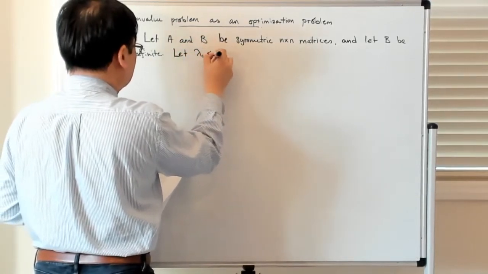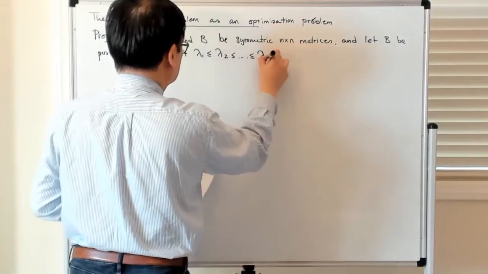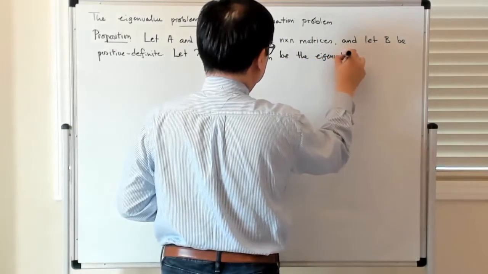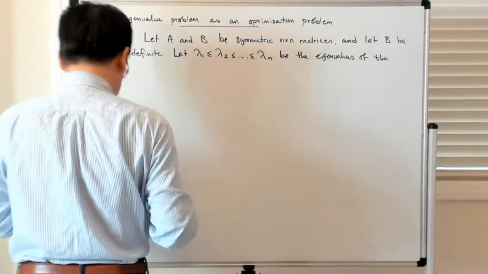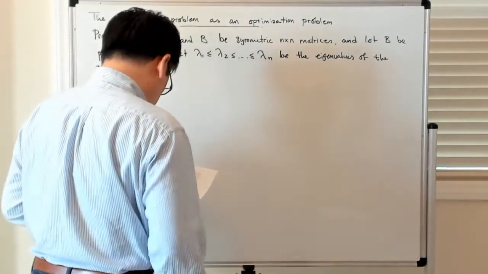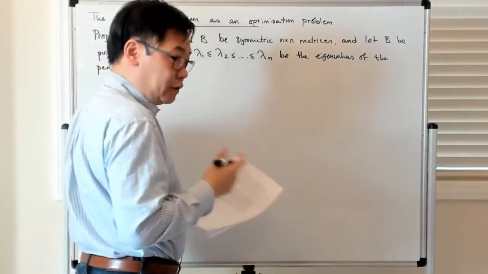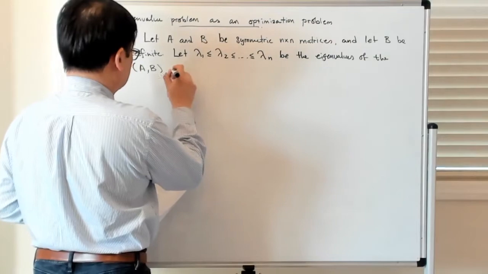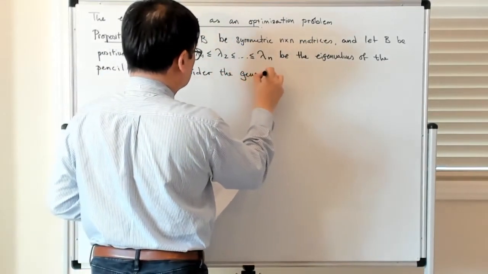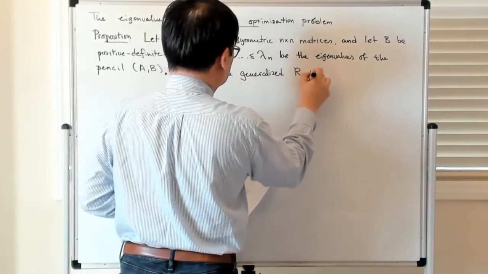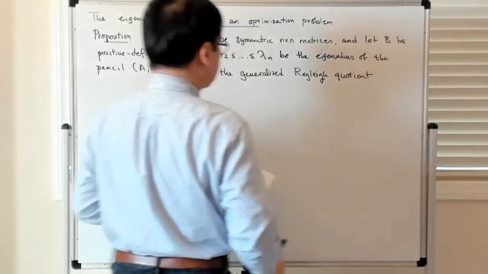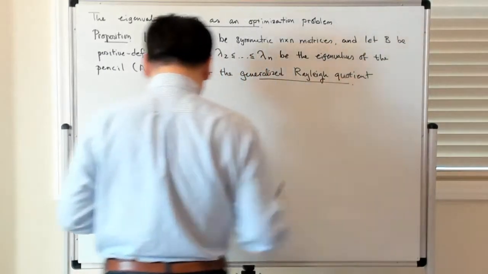So let lambda 1 be less than or equal to lambda 2, and so on, be the eigenvalues of the matrix pencil. Okay, and then we consider what is called the generalized Rayleigh quotient. Okay, and it's given as follows.